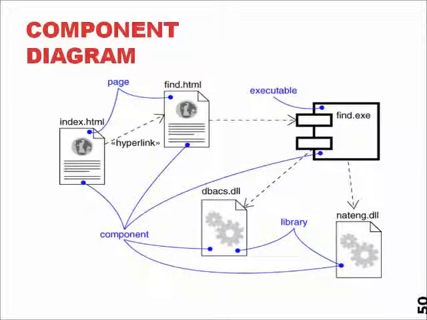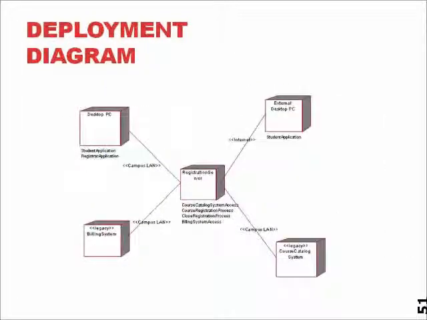We might as well use any information and we define what is dependent on what. And for example, in this example, we have web pages, we have executable software defined and libraries related to that software.